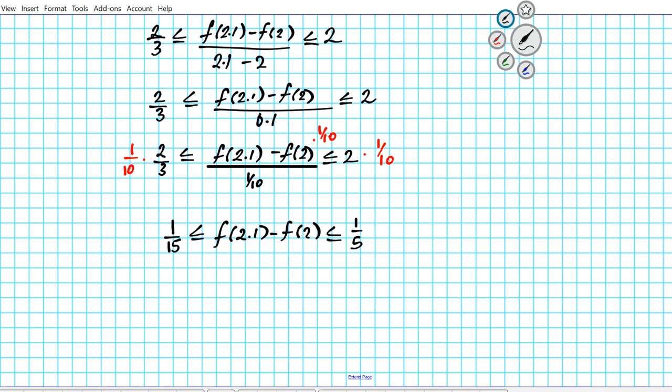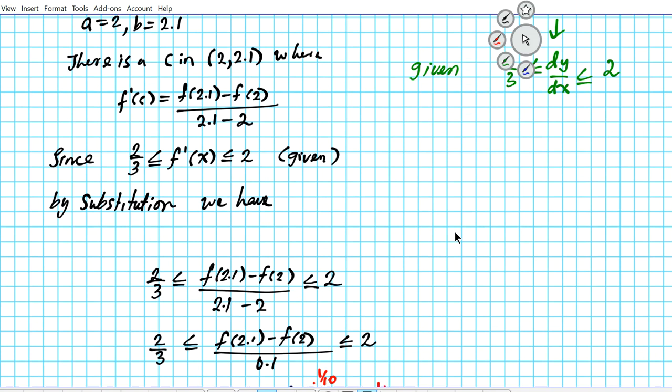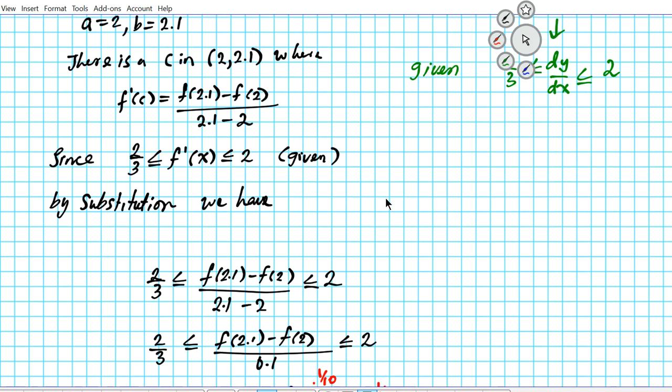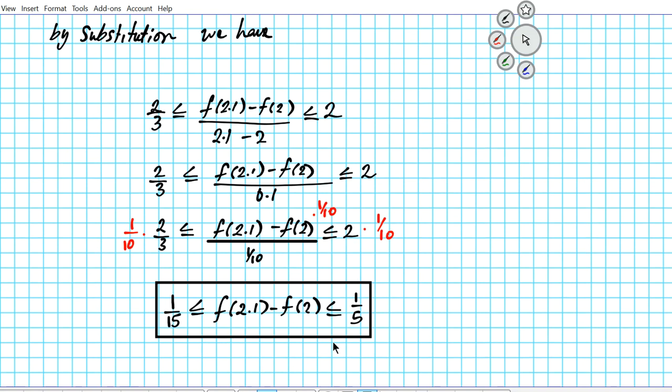Ladies and gentlemen, we've been able to show that this inequality is in fact true based on the information given. That's what we're asked to show in the initial problem, and we've shown it using the mean value theorem.